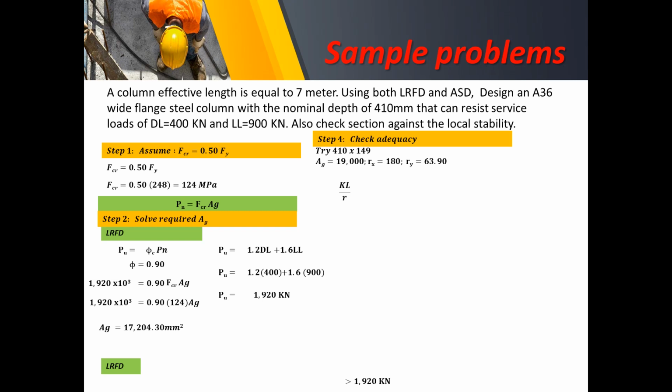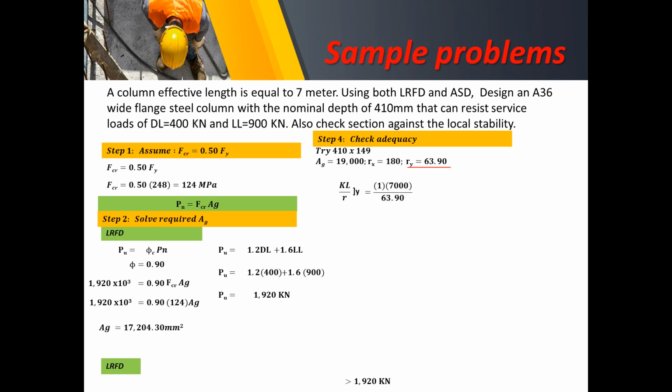Of course, in here, we are concerned with the maximum slenderness ratio. For the maximum slenderness ratio, we're going to choose the lowest radius of gyration from the trial section, and that is actually acting along y in this case. So we apply the formula.